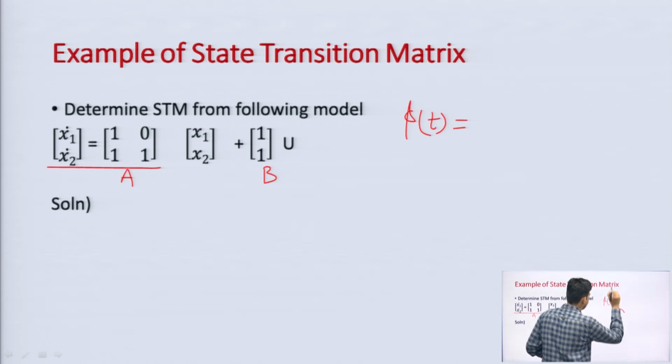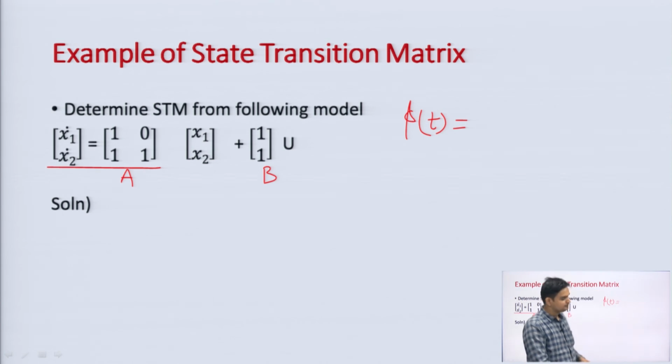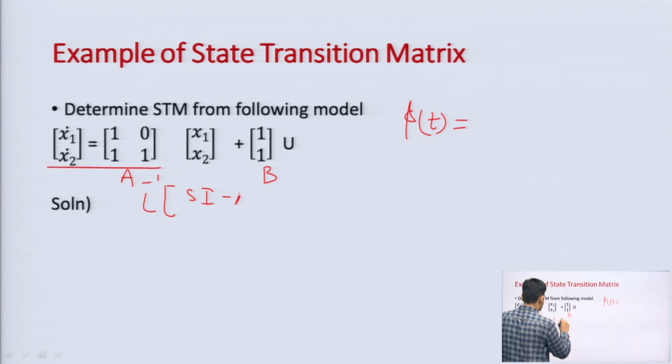How can we obtain it? You can see in the previous expression that it can be obtained by the Laplace inverse of (sI - A) inverse multiplied by x(0). So, I need to calculate sI - A. First my aim is to obtain the Laplace inverse of (sI - A) inverse, then x(0), the initial value, would be multiplied.